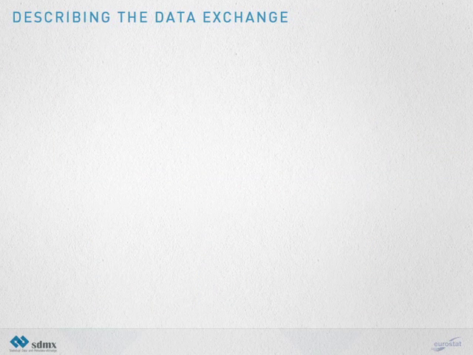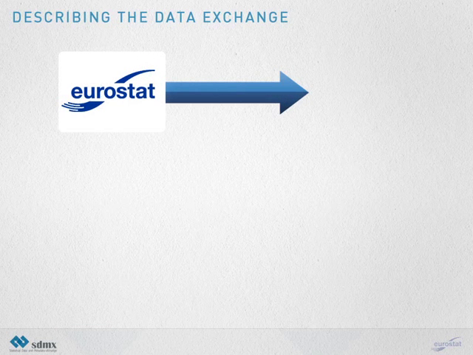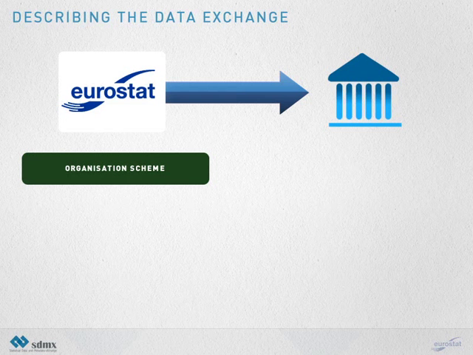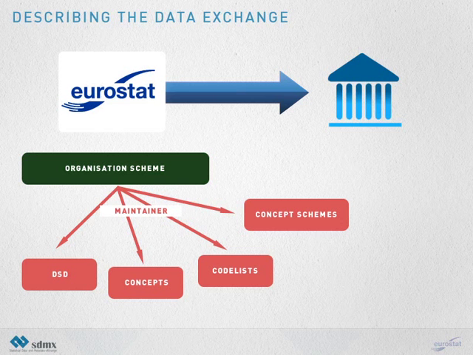Now, after having defined the structure, we describe the exchange process. Let's say that Eurostat has to send a tourism table to an agency, and that, according to the organization scheme, Eurostat has the role of maintaining the objects related to the table in question. SDMX incorporates the idea of service level agreement by defining a provision agreement which describes the way data should be provided.